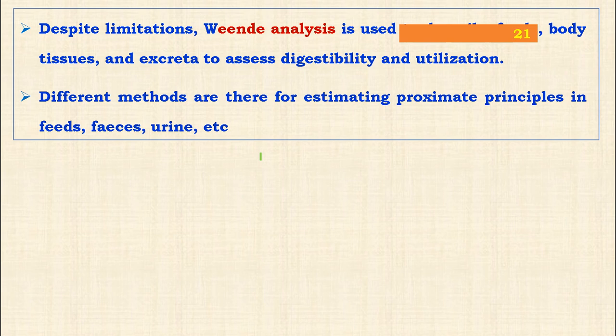Then at the seashore, we have got very beautiful spots. Different methods are there for estimating. As of today, the modern methods are being evaluated by scientists, and different methods are being circulated.